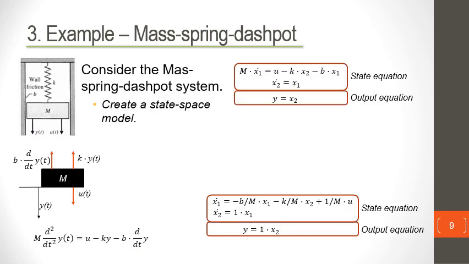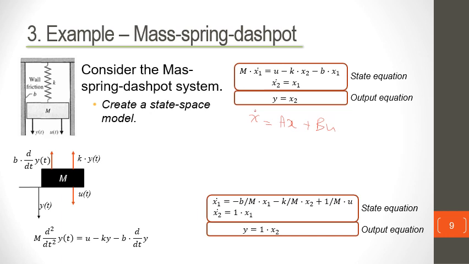Now, having done that, we have seen that the state differential equations are of the form x dot is equal to some matrix times x plus some matrix times u. So we need to rearrange this into this form.